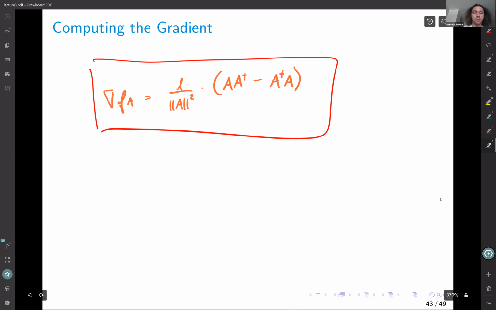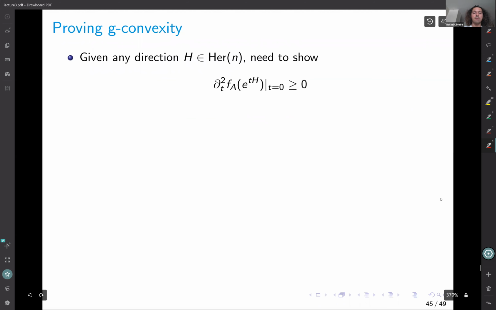So, okay, now that we computed the gradient, let's prove geodesic convexity, right? So let's prove that our function is convex. And again, given any direction h, we need to show that the second derivative is greater or equal to 0. Okay, so now how do we compute? So we already computed the gradient. Now let's compute the Hessian, right?